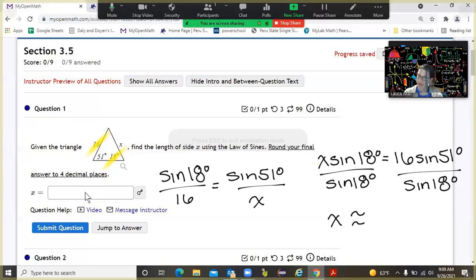So sine of 51, then times 16, equals, and then divided by, I always like to use parentheses, parentheses sine 18. And I get approximately 40.238, and there's a 5 after it. It says to 4 decimal places, so if you want to round to the 4th one, you only look at the one after it. It's a 5, so that's going to move it up. So we're going to go with 2384.